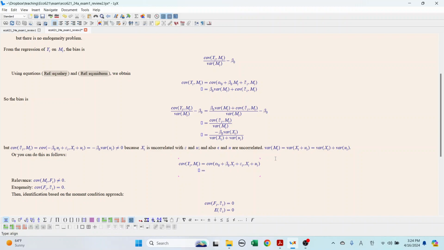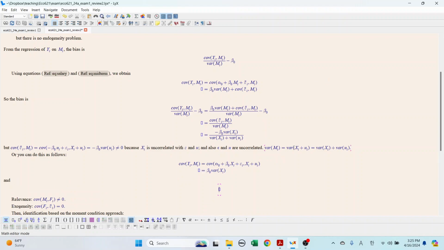So you can directly find out what you get, and the variance of m is like this. So you are going to get the same result.